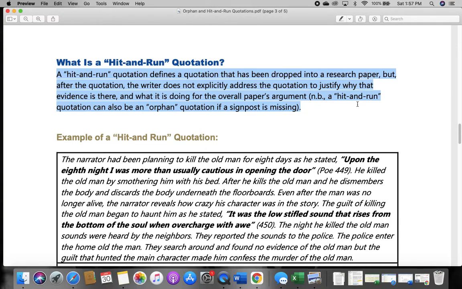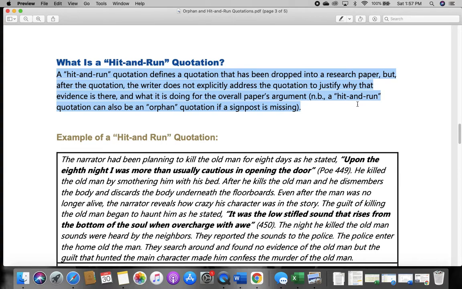I don't like to think about it as a car hitting a person because that's a bad thing to think about. But that's the idea, that the culprit who's responsible for the thing leaves the scene and doesn't provide any help or explanation.